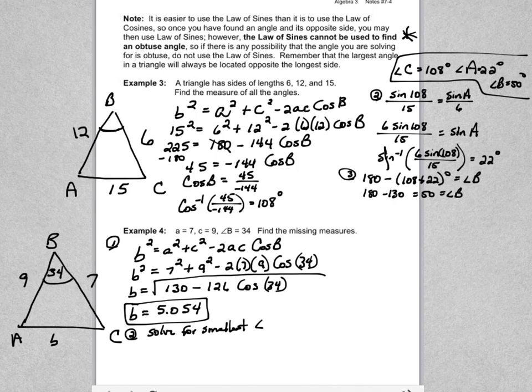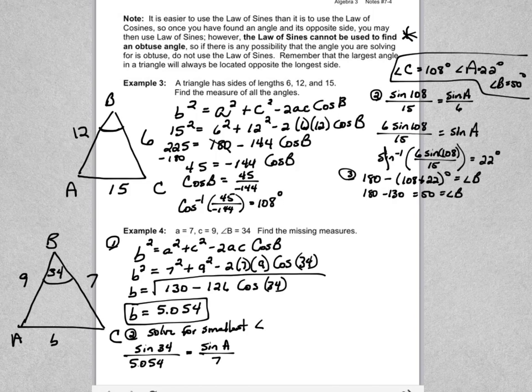And again, use the law of sines, but use it for the smallest remaining angle. So that's going to be sine A, because 7 is smaller than 9. So we're going to say the sine of 34, which is sine of B over B, 5.054, equals the sine of A over 7. All good there.